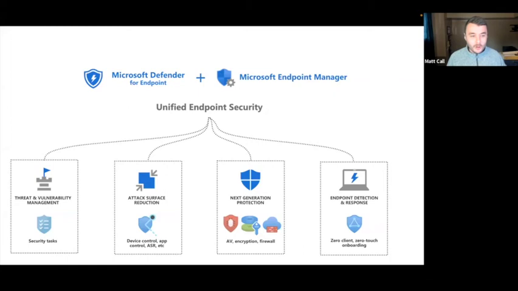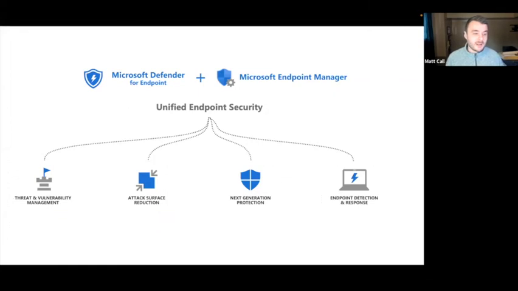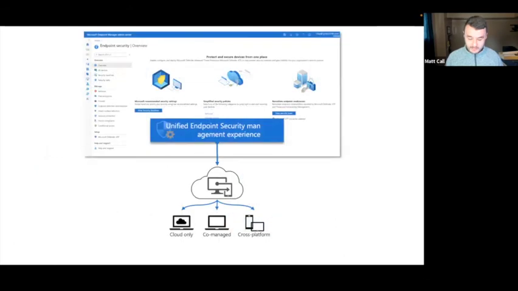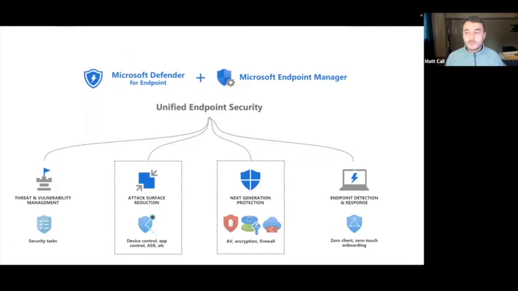Where we overlap are going to be in these sort of middle scenarios, right? These middle scenarios are attack surface reduction and next-gen protection. So those profiles, settings, things that you saw in the Endpoint Security Blade, how we apply those and how we manage those settings.